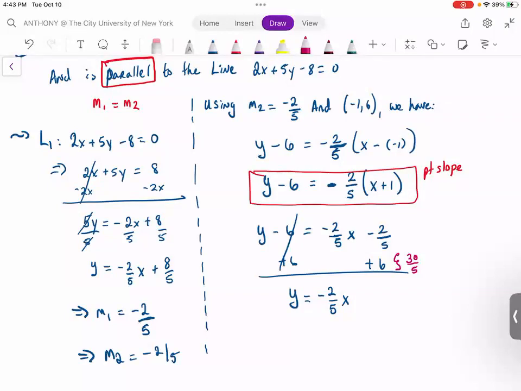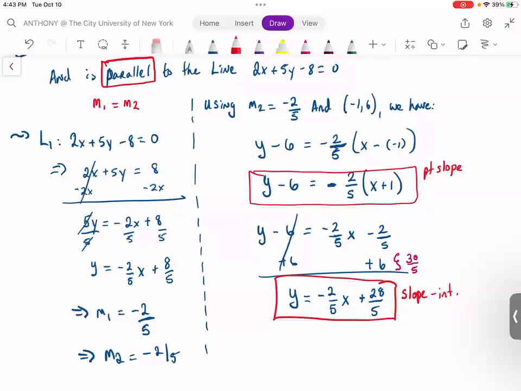And then you add the two fractions. If I add -2/5 plus 30/5, it's the same thing as saying 30 minus 2. So 30 minus 2 is 28. You get 28/5. So this will be your slope-intercept form.